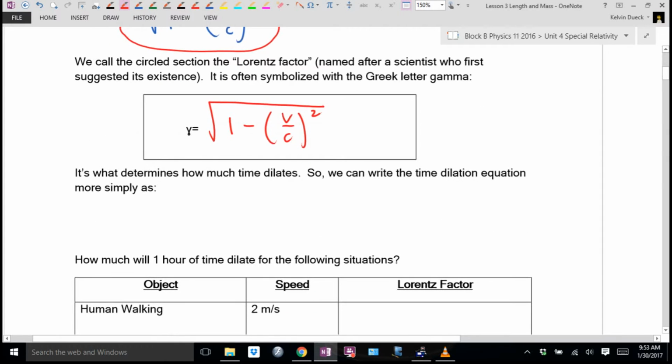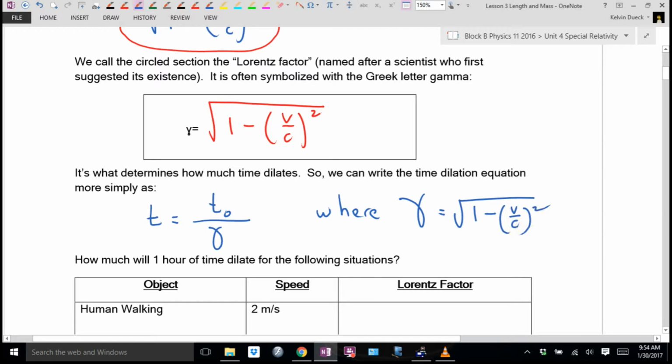Sometimes if you take this in upper level university, you'll see the time dilation equation simply written as t equals t0 over gamma, where gamma equals the square root of 1 minus v over c all squared.